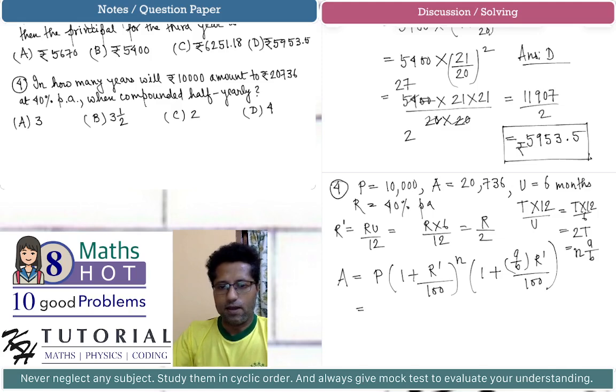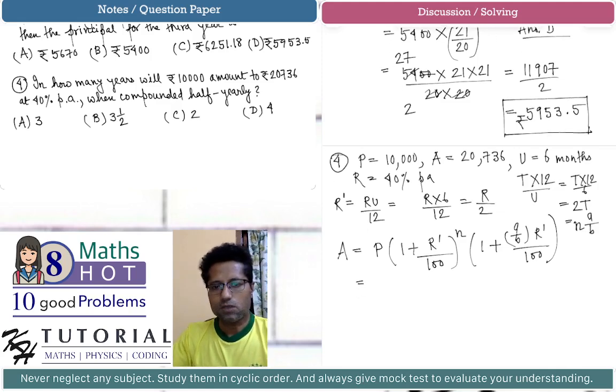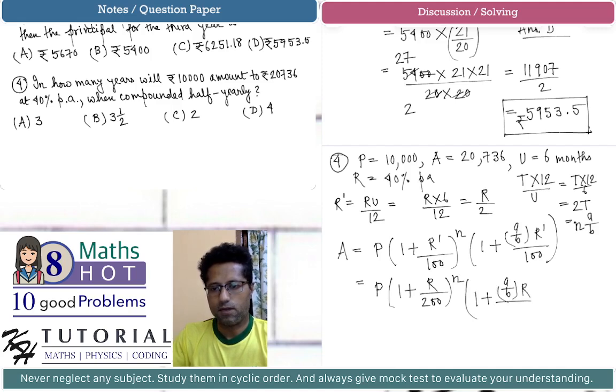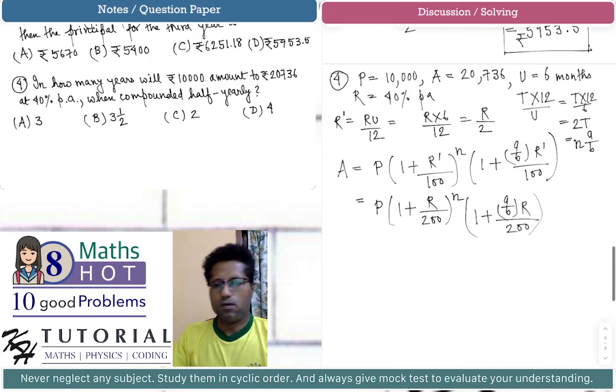Because what we will have is that, so this is equal to P multiplied by, R dash is equal to R by 2, so we have 1 plus R by 200 to the power small n, and we have 1 plus a by b, R by 200. Now this implies we know the amount and the principal.